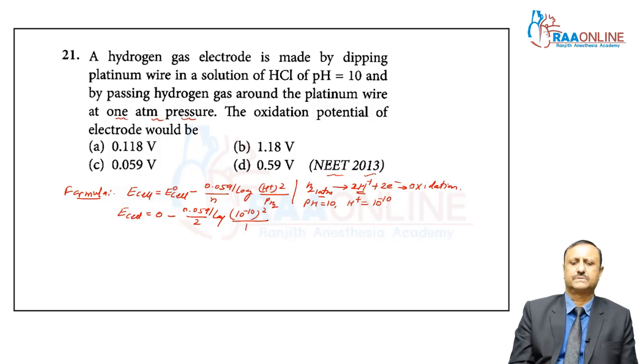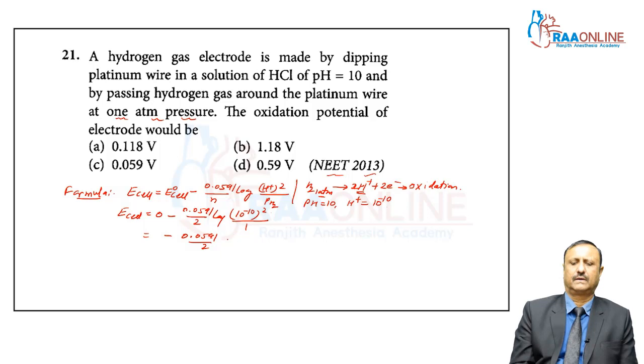Now, my dear students, we can solve it. Minus 0.0591 upon 2 log of 10 to the power minus 10 whole square. It means 2 times log 10 to the power minus 10.